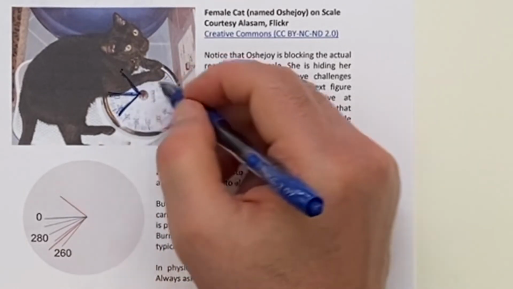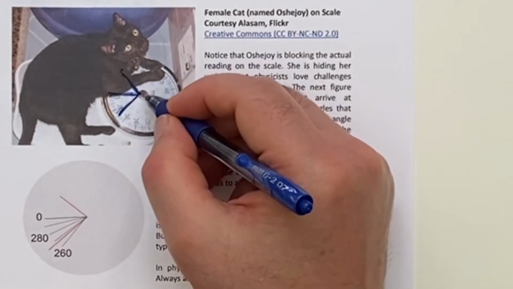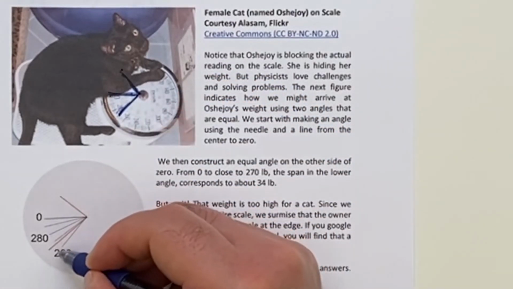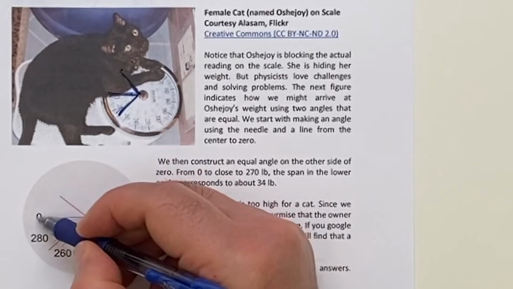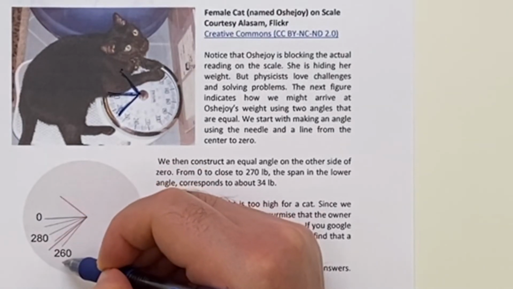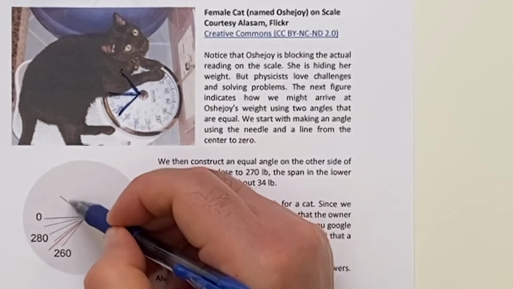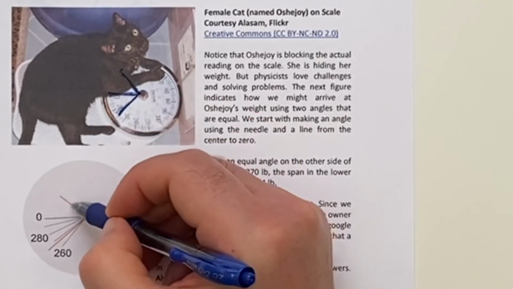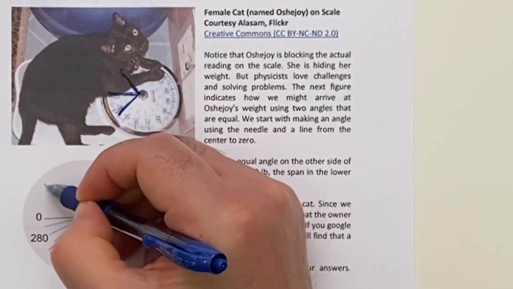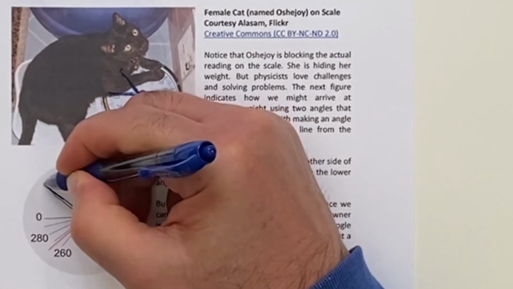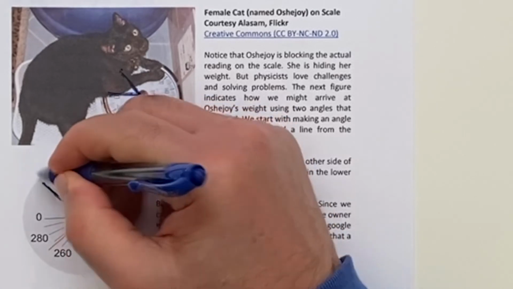Now, it's a little bit hard to see here because they're small, but if you look at the numbers down there, on this side you have 0, 280, and 260 in pounds. And this red one is where the needle is going to, where the correct value is, but it's being blocked. So you really can't see the number here.